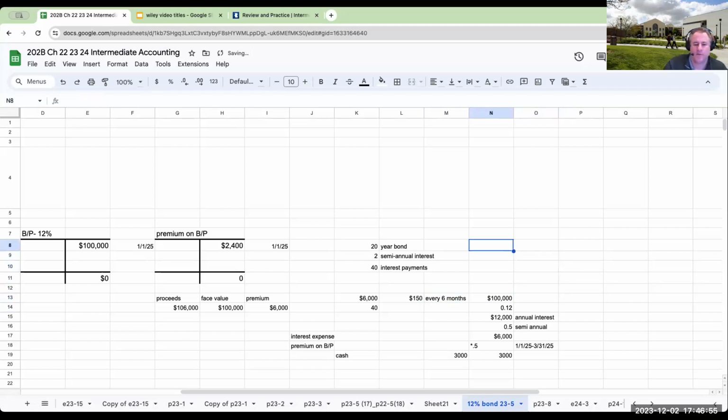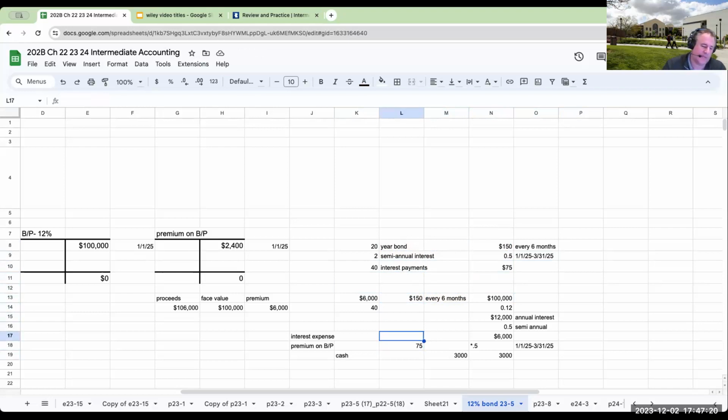So over here for the premium, it's at 150 for every 6 months, but I'm more interested in 1/125 to 3/31/25, or 0.5. So I'm going to multiply this through, and this is going to give me 75. So my premium amortization is basically going to be 75.